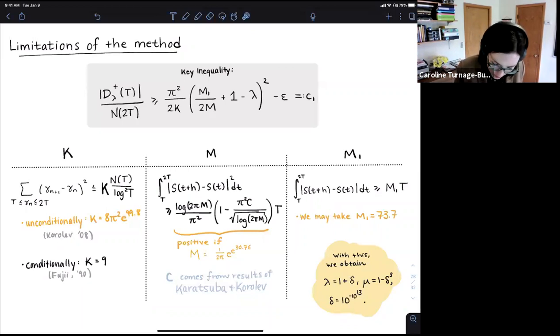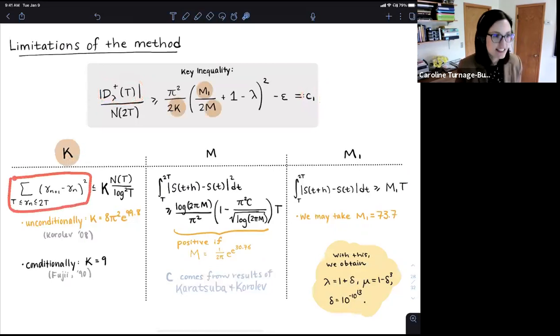But let me just show you that when you're figuring out the proportionality constant for the large gap result, there are some key constants that are popping in that we're able to estimate, but maybe we could do better. So for example, what is this K? This K comes from getting an upper bound on kind of this little second moment type of argument.